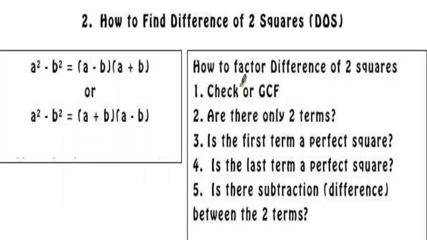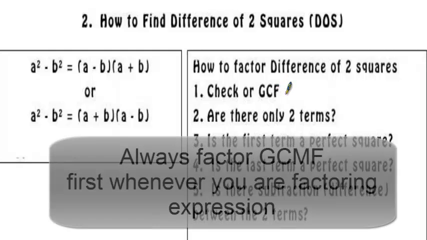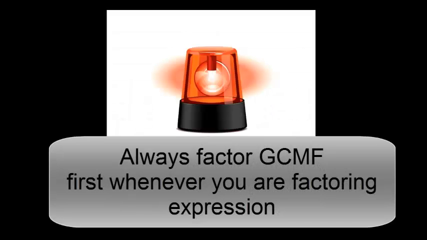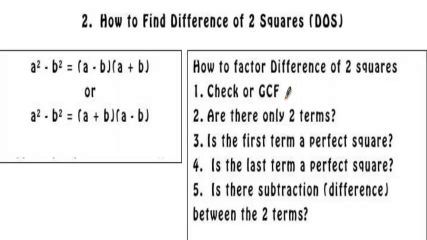Here are the checklists that we have to do to check if we can use difference of two squares. First, we always have to check our GCF or GCMF. Check if we can factor out any greatest common monomial factor. Second, do we have two terms?